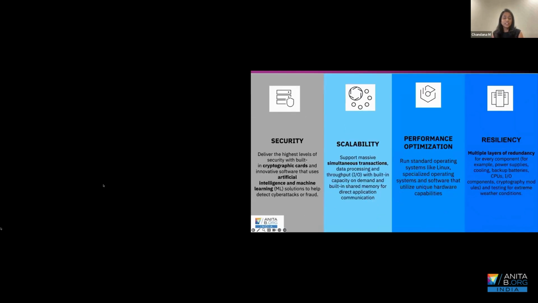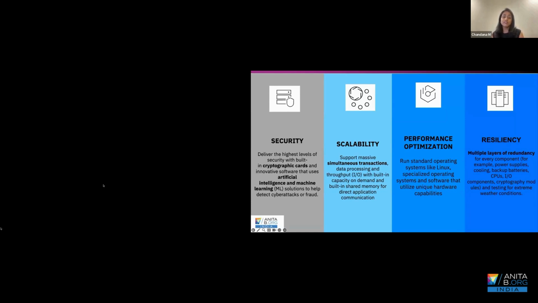The next set of features are security, scalability, performance optimization, and resiliency. Mainframes are designed to deliver the highest level of security. Security is not just an add on, it's a built in feature. A mainframe has cryptographic cards built into the system, and it also uses AI and ML to predict cyber attacks and frauds.